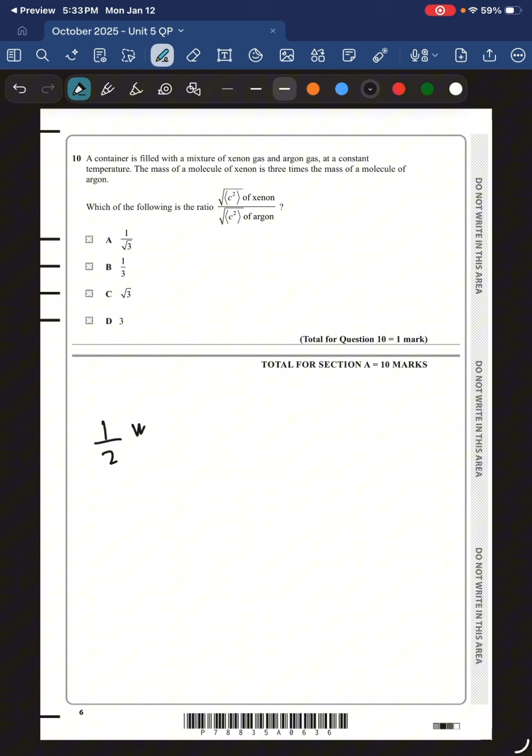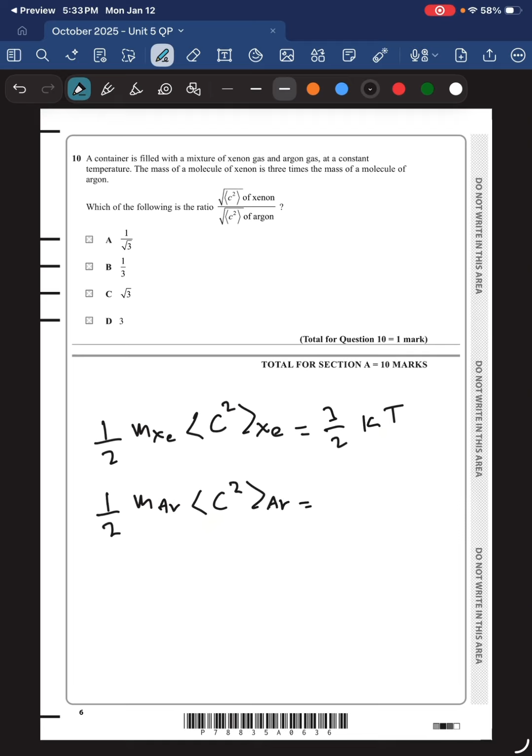1/2 times the mass of xenon times c squared for xenon. I'm using that subscript. It's gonna be 3/2 kT. And then we have 1/2 mass of argon times c squared for argon, and since they are at the same temperature, this is also gonna be 3/2 kT.